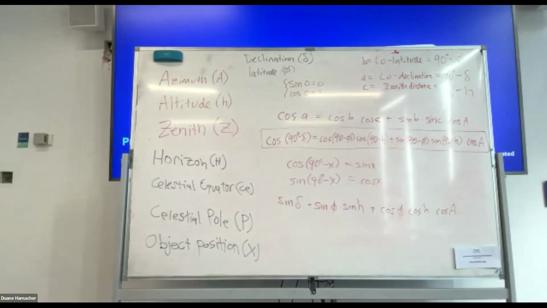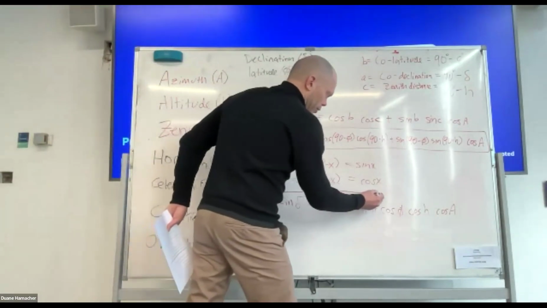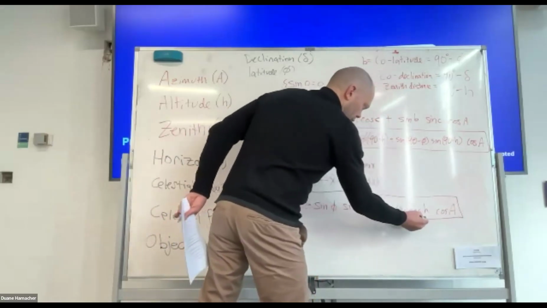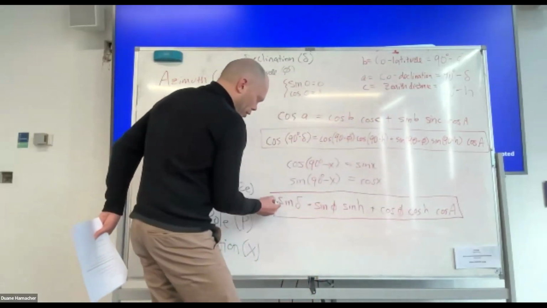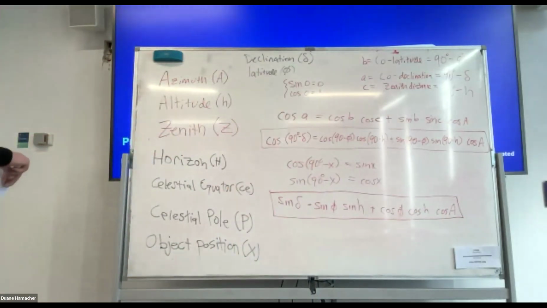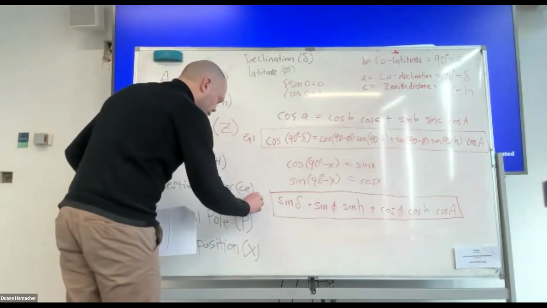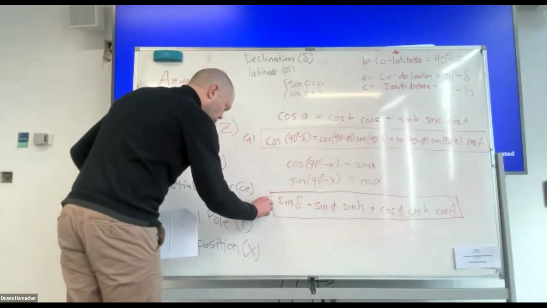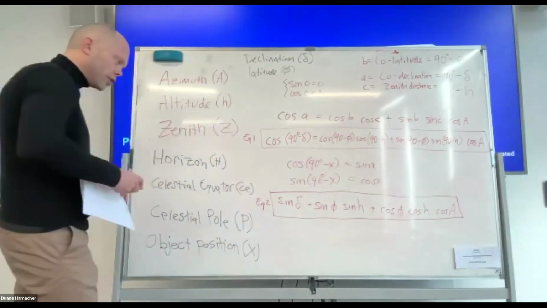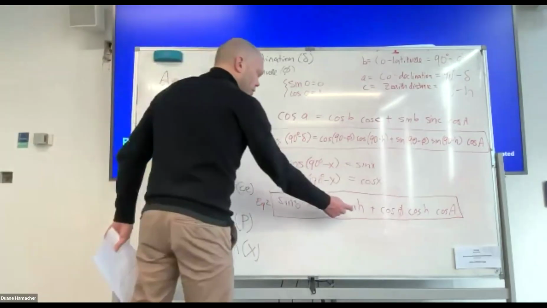So let's try that. This is our final equation we're going to use. We'll just have to rearrange it if we're looking for something. Call this equation 1, equation 2. Now I want you to say, we're going to look at where the sun rises in the east. In that case, our altitude is going to be 0.